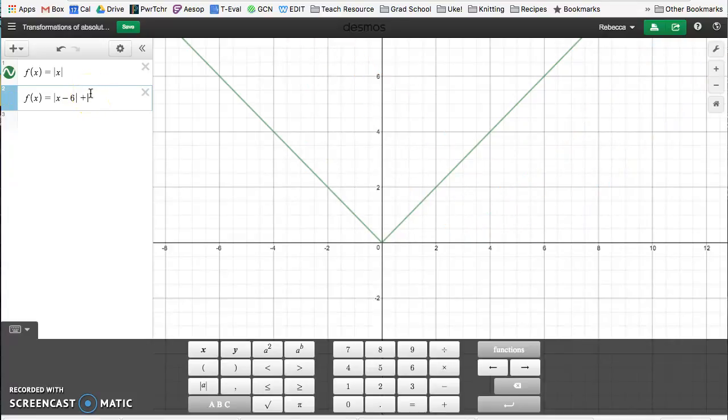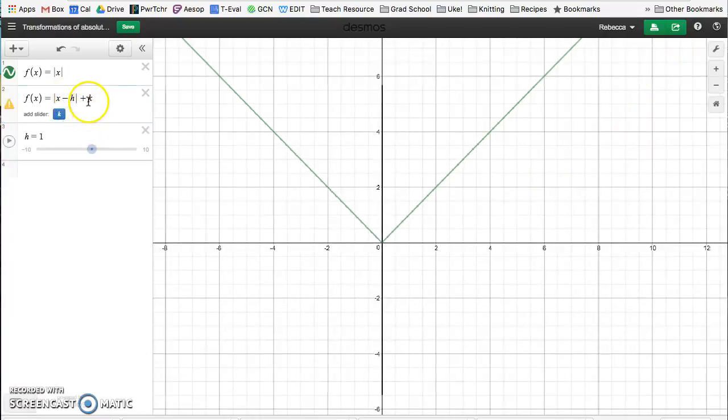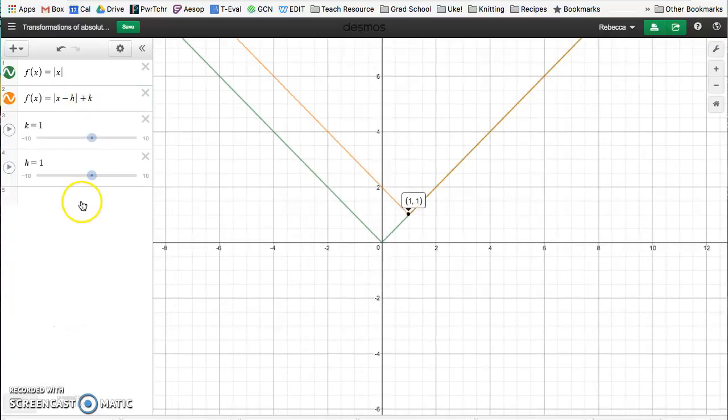And you could even do both at the same time. So it moved to the right 6, even though it's minus. That's what happens. And up 2. So you can actually take this h, k, and I can even add a slider and give it certain values.